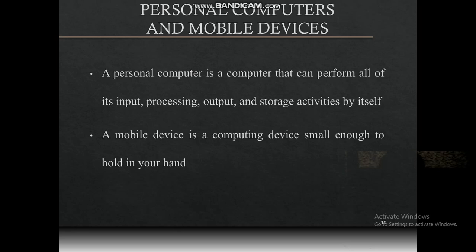And also we have the personal computer and the mobile device. A personal computer is a computer that can perform all of its input, processing, output and storage activity by itself, while a mobile device is a computing device small enough to hold in your hand.